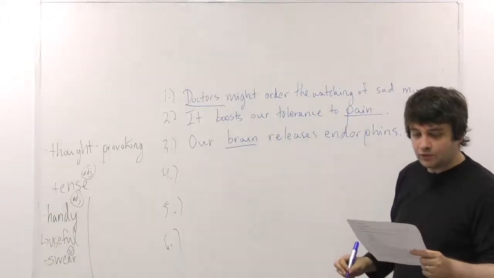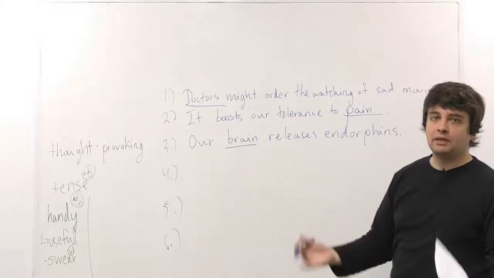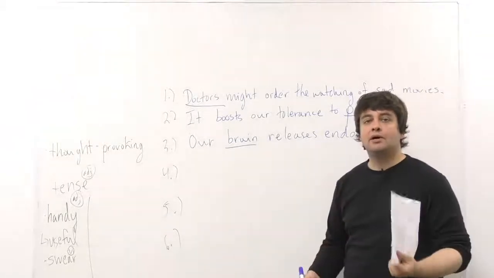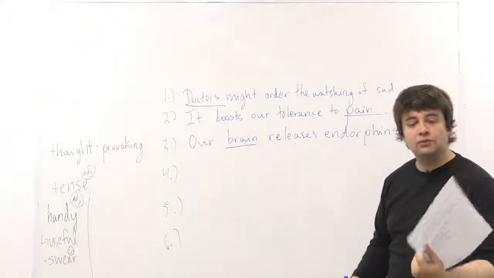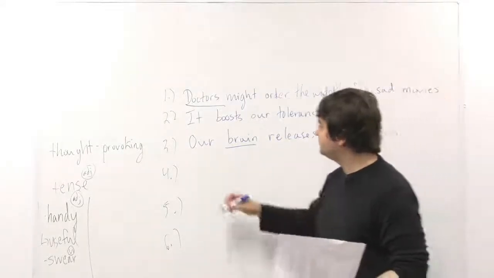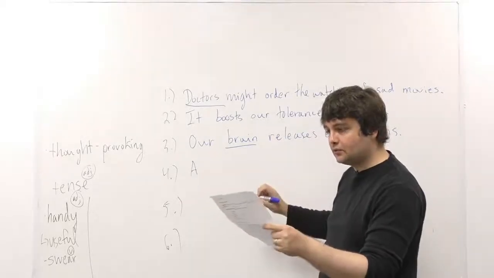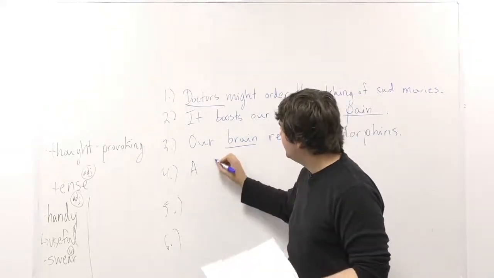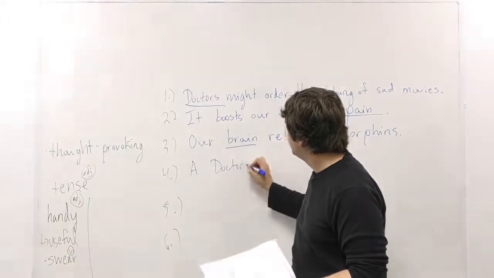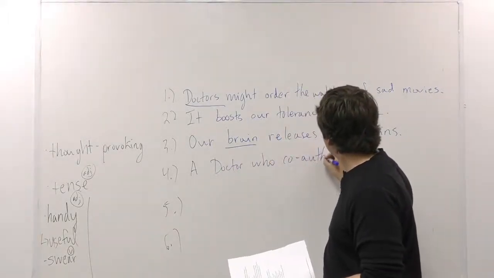Okay. All right, awesome. Who is Robin Dunbar? Now, that name kept popping up again and again. Robin Dunbar is a doctor who co-authored that study. So, who is Robin Dunbar? A doctor who co-authored.